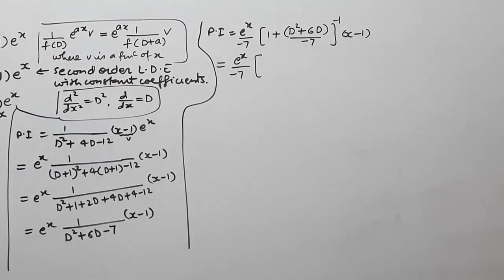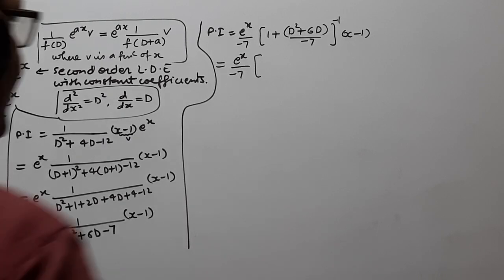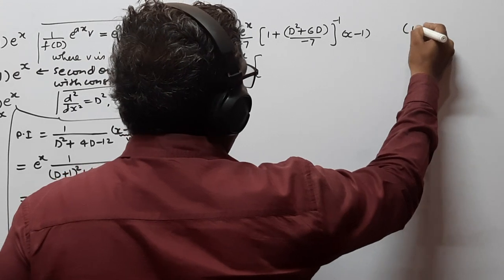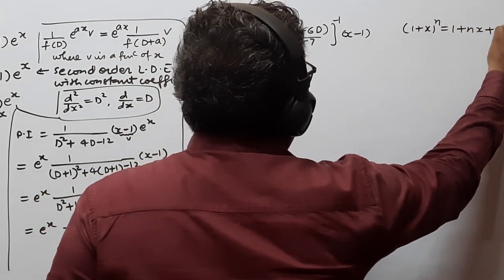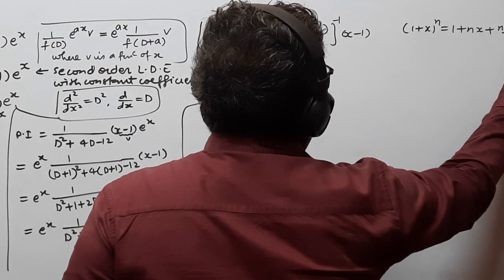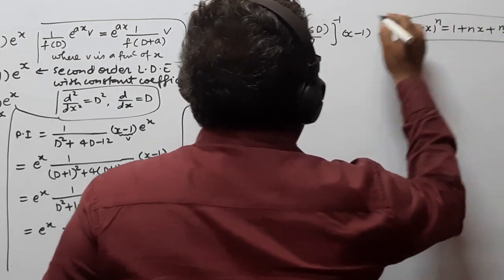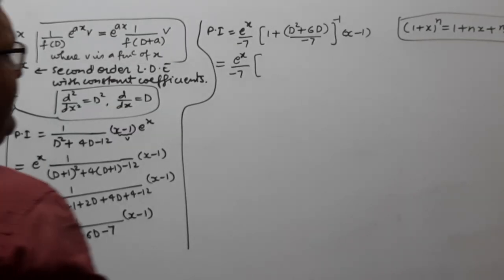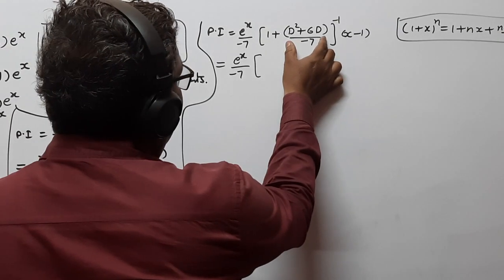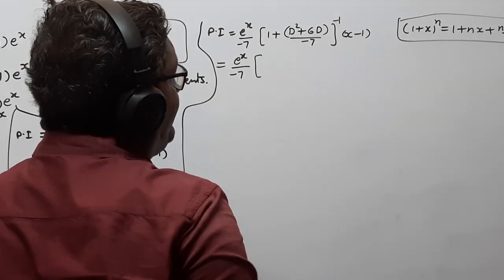Now we expand this by the expansion of (1 plus x) whole power n. You know that the expansion of (1 plus x) whole power n is 1 plus nx plus n(n minus 1) upon factorial 2 x square and so on. This is the expansion of (1 plus x) to the power n. You can see here n is minus 1 and x is this one.